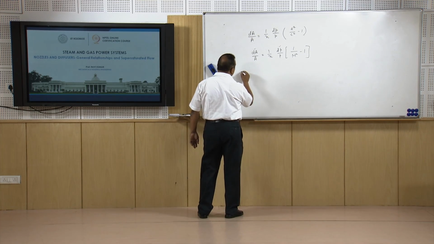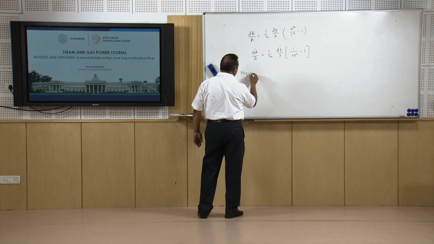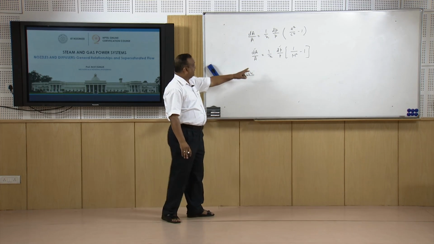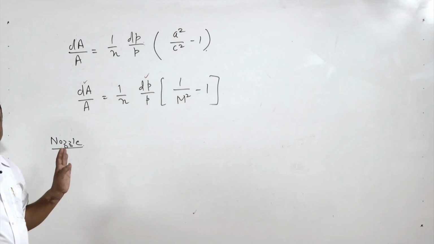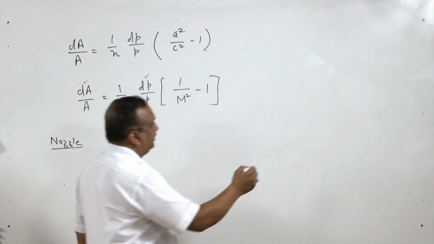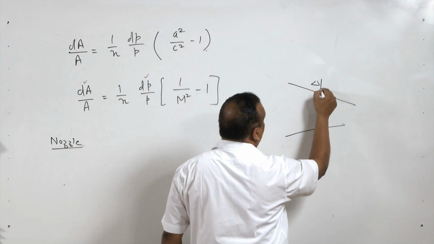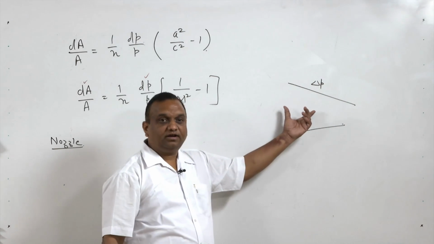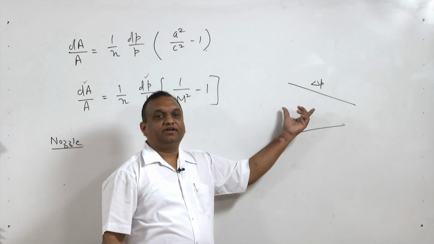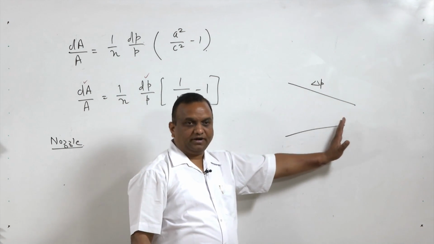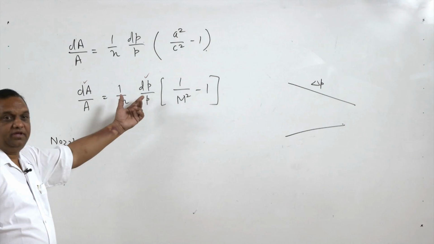Flow through nozzle. When there is a flow through a nozzle, this dP will be negative, because in the direction of the flow there is a fall in pressure, but due to this fall in pressure, the kinetic energy is attained by the fluid. So in the direction of flow there is a drop in the pressure. So here dP is going to be negative.